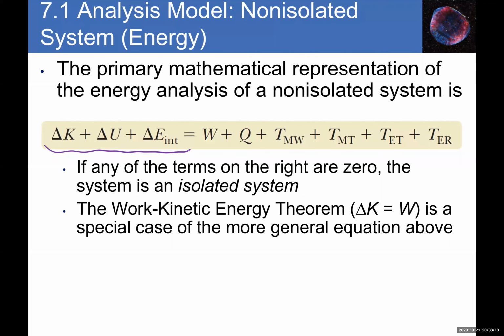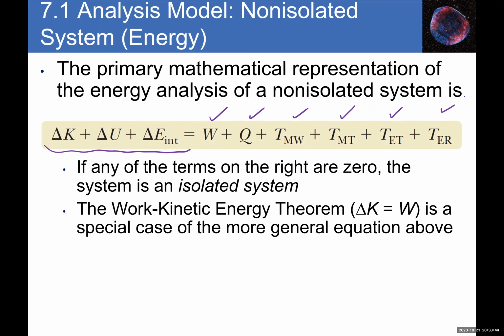And the right side of the equation is then work, heat, mechanical waves, matter transfer, electric transfer, and electromagnetic radiation. Okay, so if all of the terms on the right are zero, the system is an isolated system. Okay, so the work-kinetic energy theorem, delta K equals work, is a special case of the more general equation.